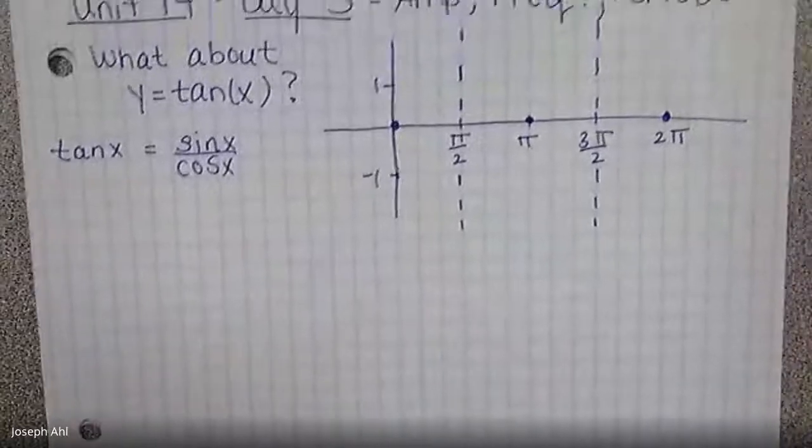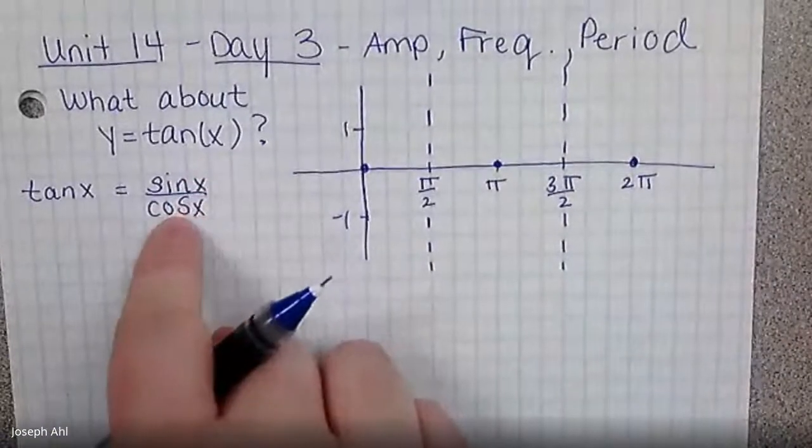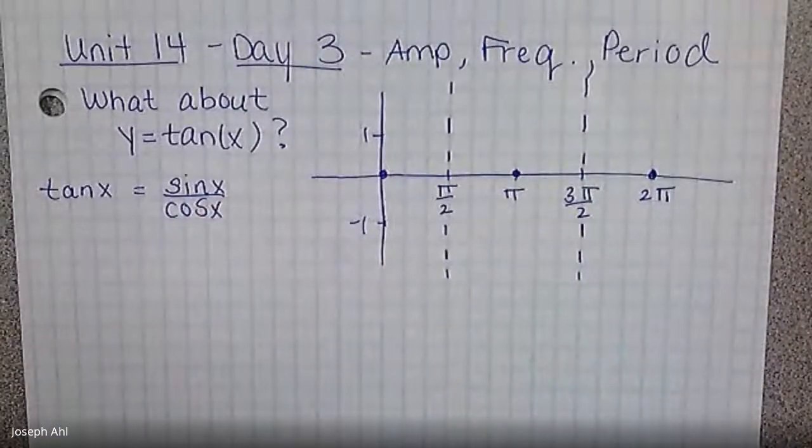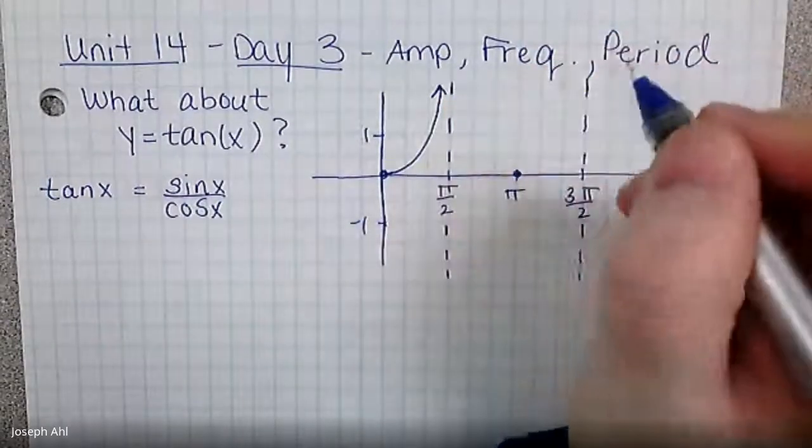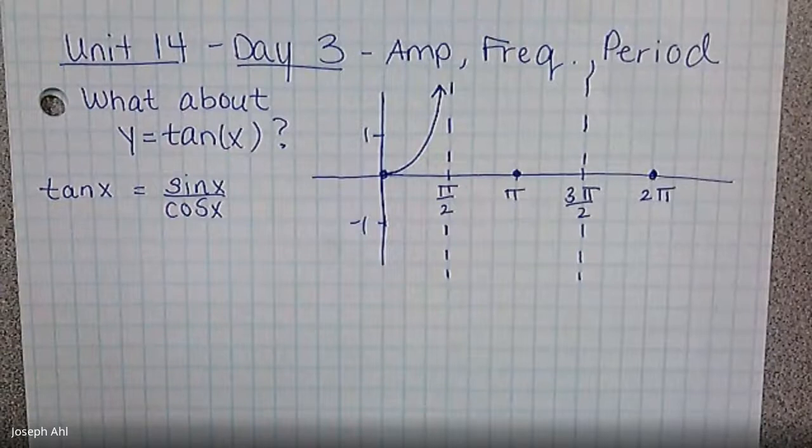So if the top of the fraction is getting bigger and the bottom of the fraction is getting smaller and smaller, the overall value of this fraction is getting quite large. And in fact, that graph will approach infinity. And that's what graphs want to do when there's vertical asymptotes anyway.